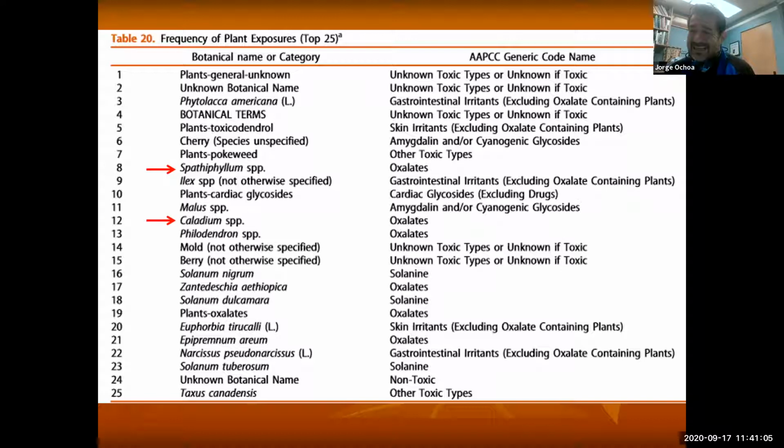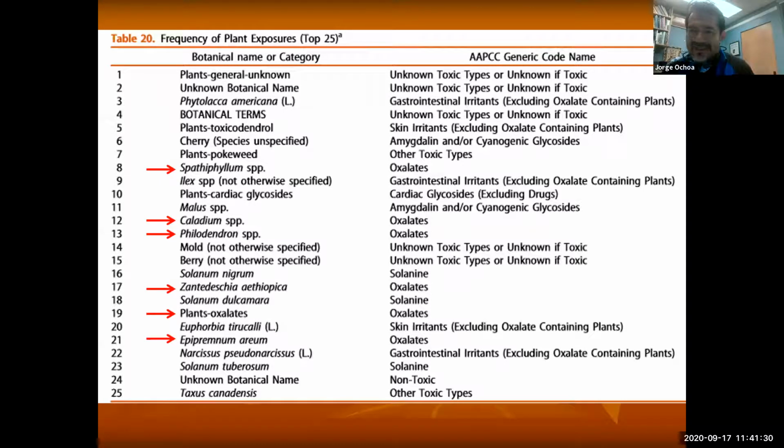We're going to find Caladium, member of this family. Toxic, yes, no problem. We're going to have Philodendrons, number 13, member of this family, yes. Zantedeschia, which is Calla lily, member of this family, yes. Epipremnum, which is the pothos that we'll see later on, member of this family, yes.